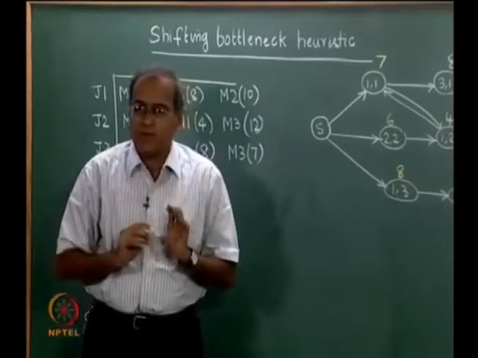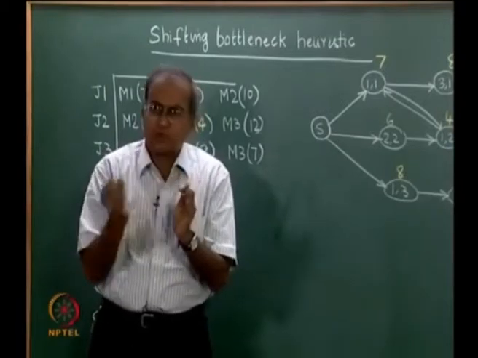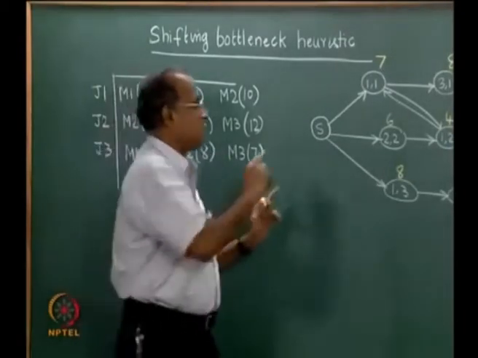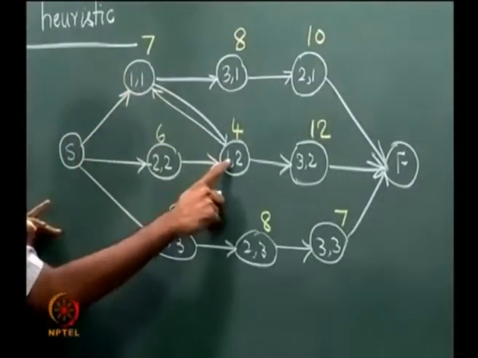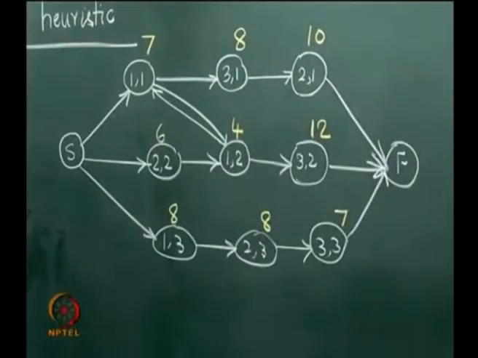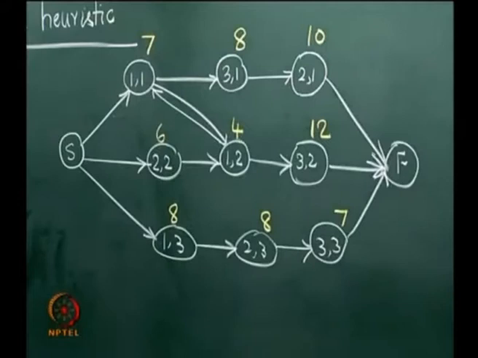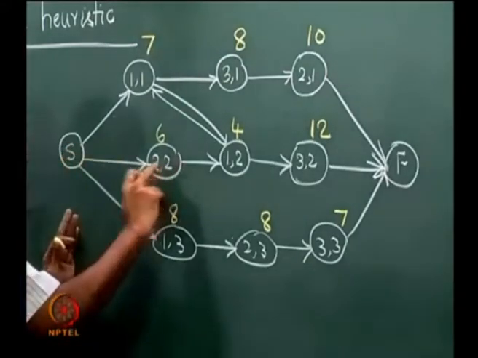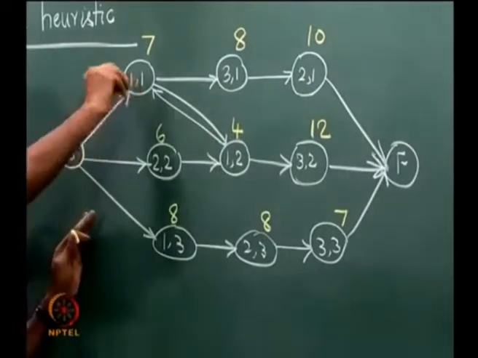So if job 1 goes first and then job 2 goes on machine 1, the flow will continue like this. If job 2 goes first and job 1 comes later, then the arrow will move from job 2 towards job 1 and then it will proceed.